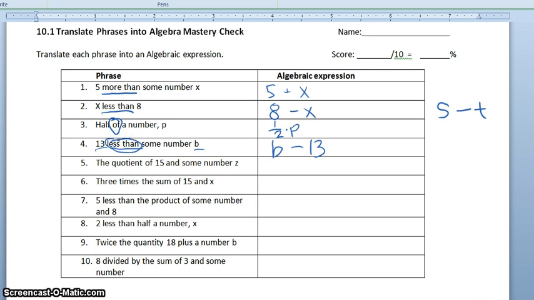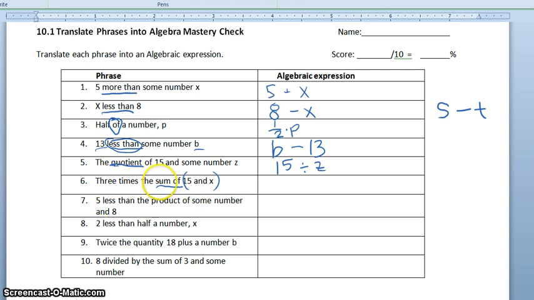Number 5, the quotient of 15 and some number z. Quotient means that I'm dividing, so I'm going to do 15 divided by z. Number 6, 3 times the sum of 15 and x. Okay, the sum of is a grouping phrase. That means we're going to group together the next two things that come after that grouping phrase.